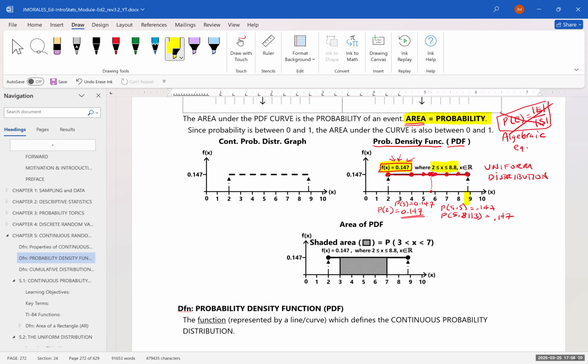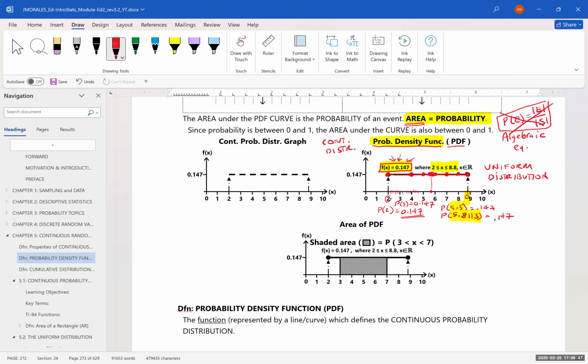And I moved to numbers that were measured, that had decimal points of accuracy, that were not countable. So we're talking about probability density functions that are continuous, that represent continuous distributions. So continuous means that we can just choose any value with any decimal accuracy between 2 and 8.8.